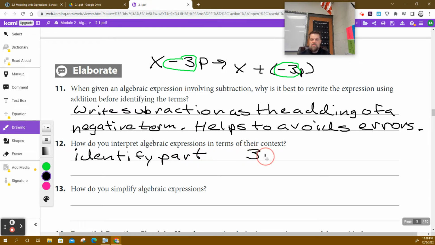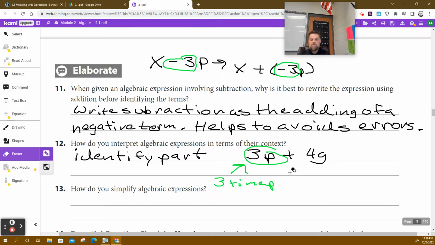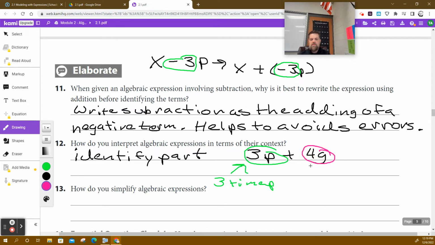So if I say 3p plus 4q, or 4g, it doesn't matter what it is. 3p represents 3 times p. P stands for something, right? 4g, this is the same thing except it's 4 times how many g you have.